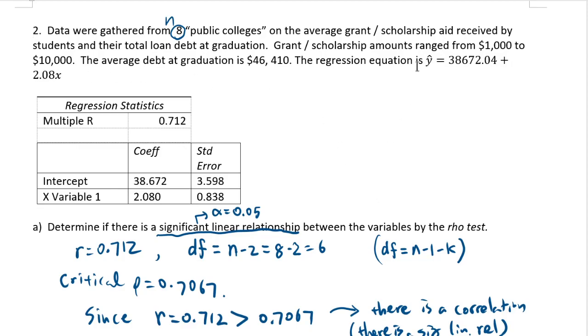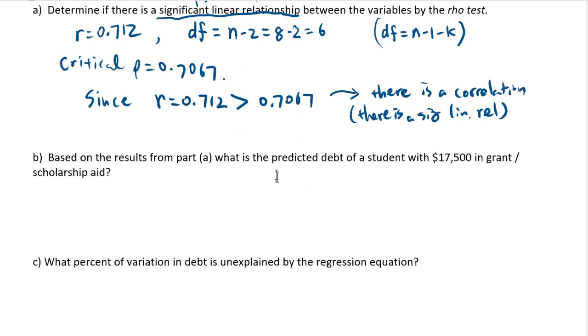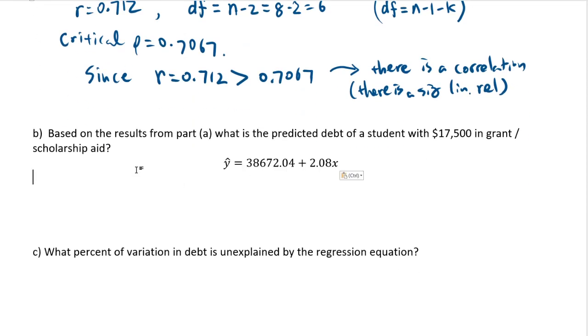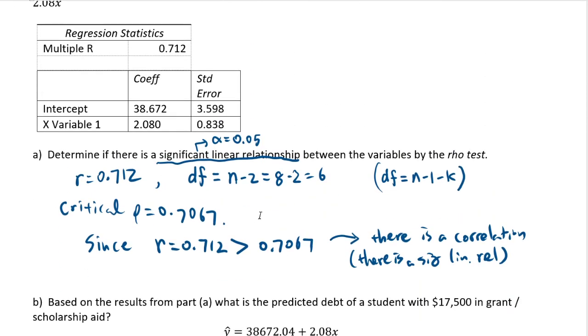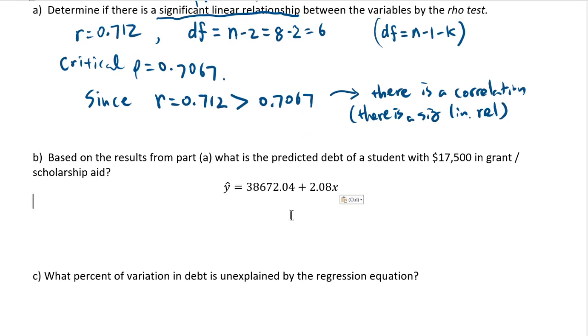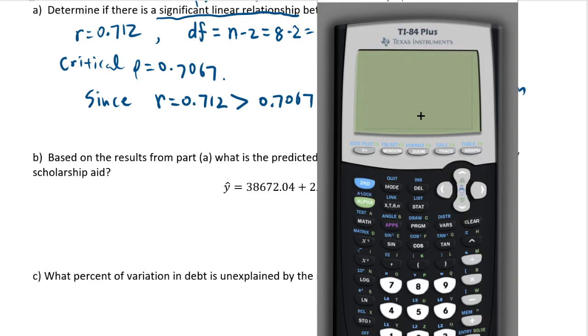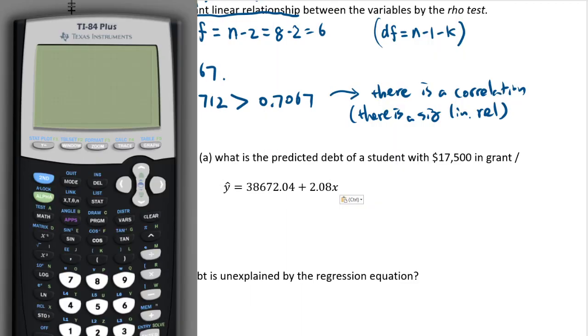So let's copy this here, and then paste it here. And we are going to use a calculator to put these numbers in, and that's all we need to do.